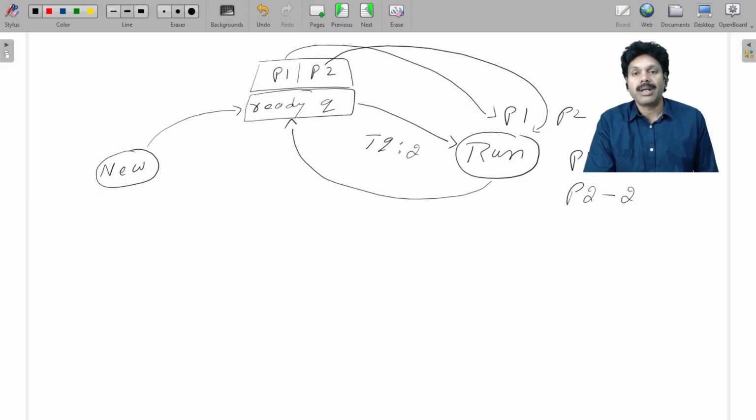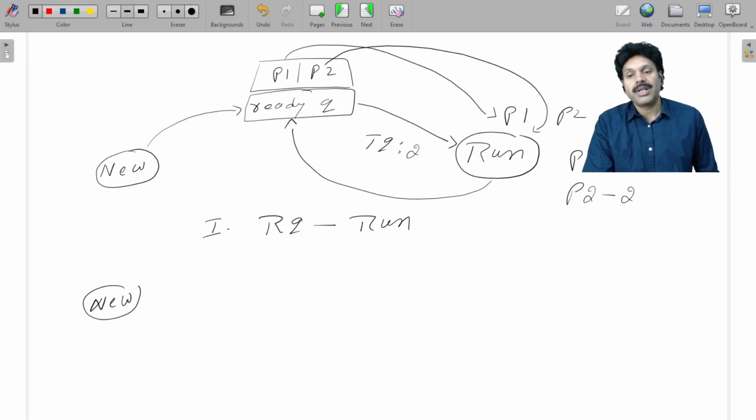Here what happened? The particular process is switching from where to where? Ready queue to run state. This is the first condition. And the second one is that the process is created newly and it comes to the ready queue and the process goes to run state.